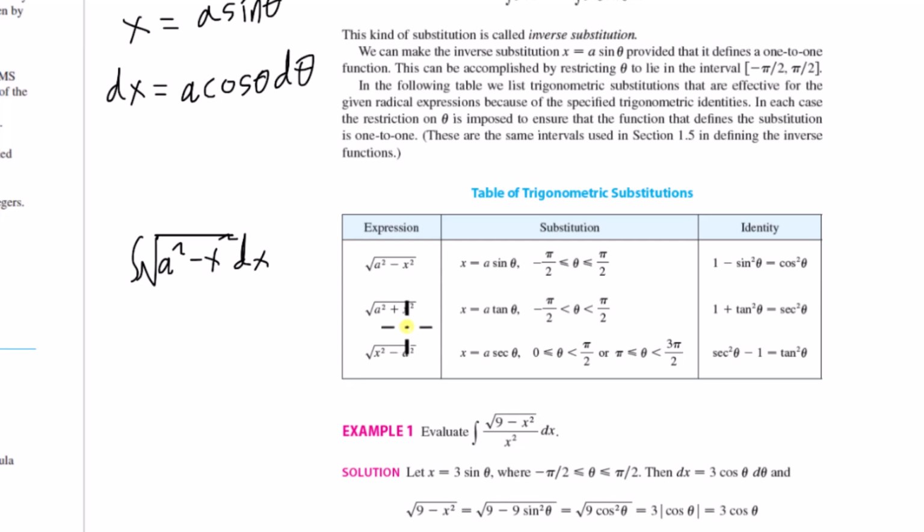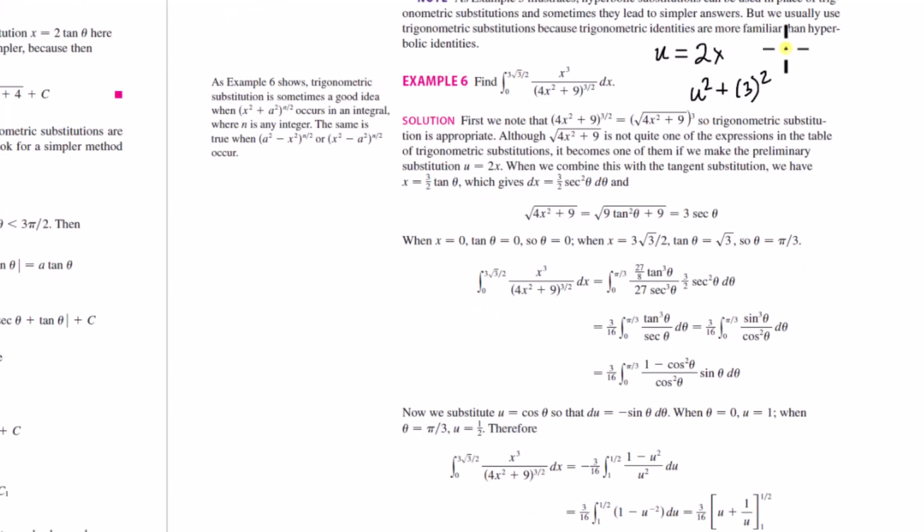But if you replaced u with x, right? And so in that case, we would say what? We have u squared plus 9. So we'd say the substitution would be that u is equal to 3 tangent theta, right? Okay, but u is equal to 2x, so 2x is equal to 3 tangent theta.